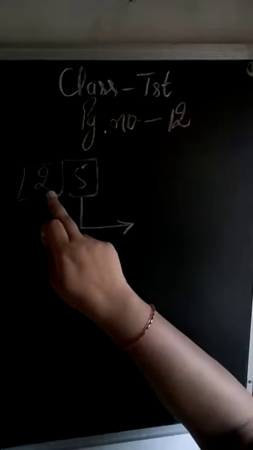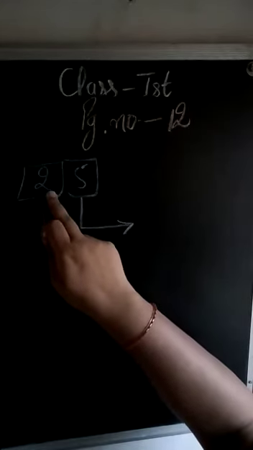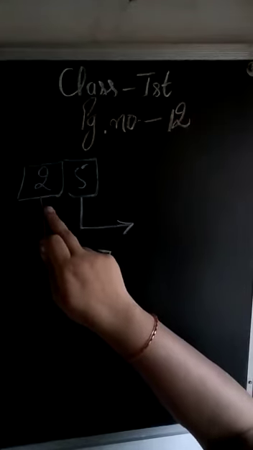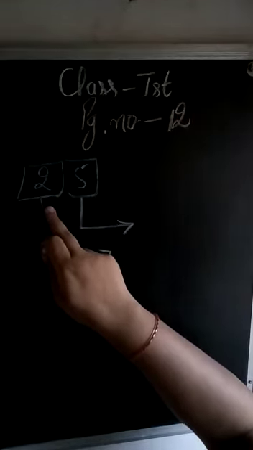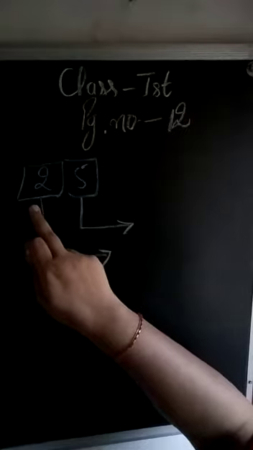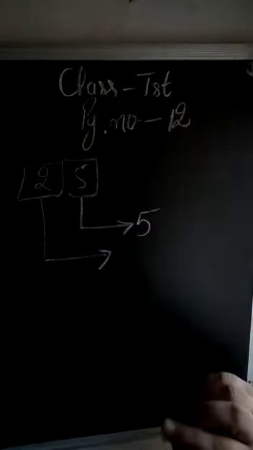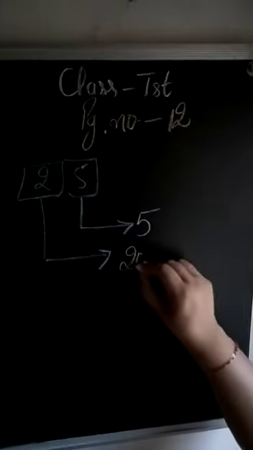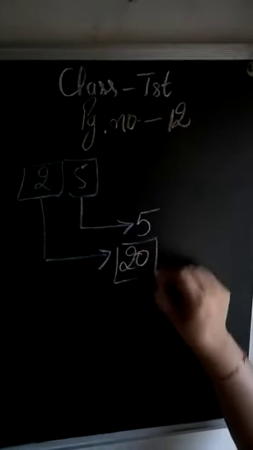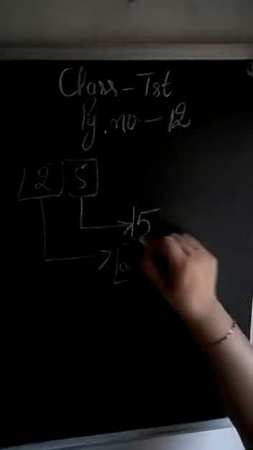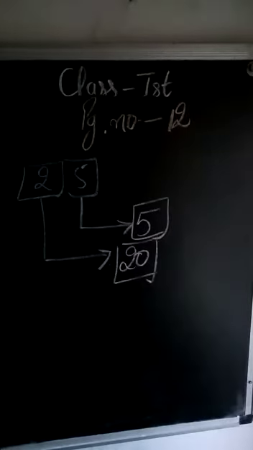But for 2 we pronounce it as 20. That means its place value has changed. Why? Because it is at tens place. So the value of 5 will be 5 and the value of 2 will be 20. Clear? Now come to your next sum.